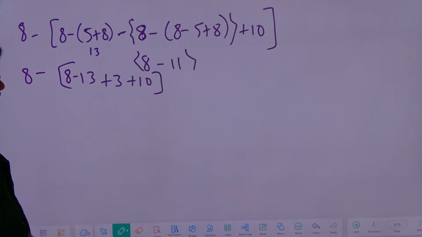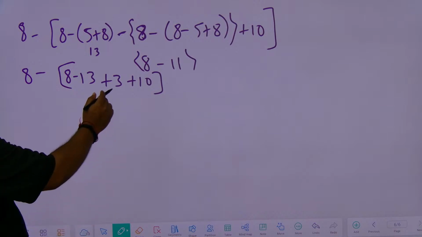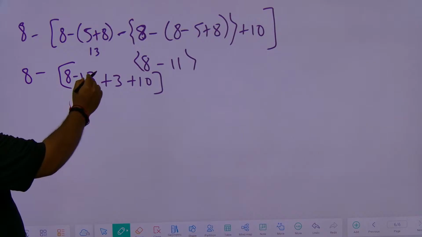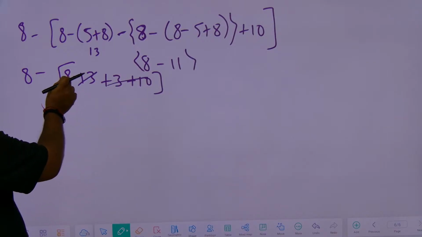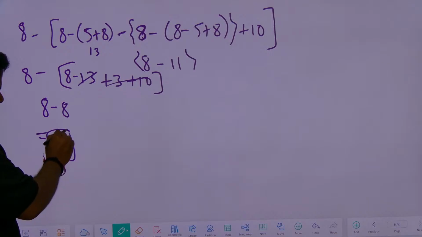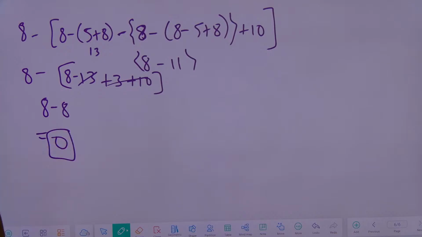Now look at the plus numbers: 10 plus 3 is 13, minus 13, plus 13, minus 13 I can cancel. I am having 8 minus 8, the answer will be 0. Clear? Got it? Okay, so I will go to the next type of questions where we are involving fractions.